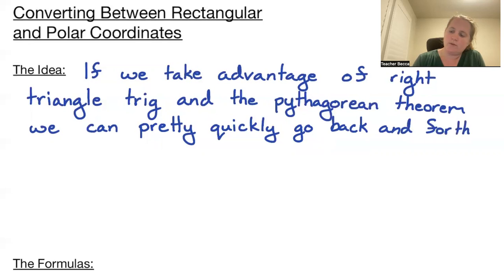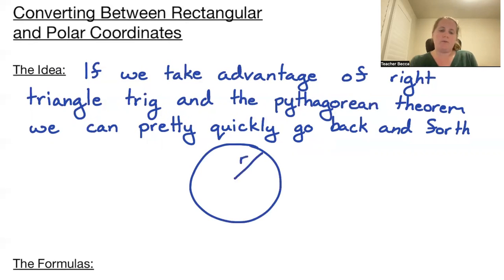So if you imagine a circle of radius r, and a point on that circle at angle theta, the x and y coordinates can be found using right triangle trig.